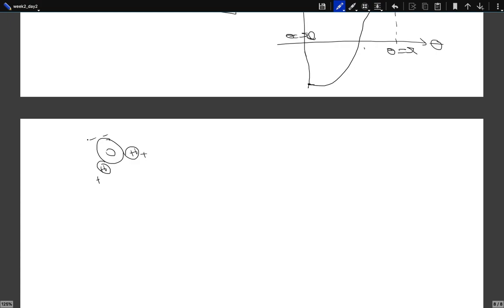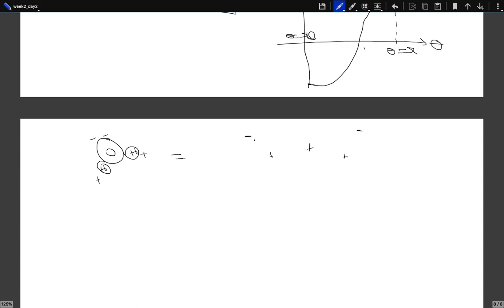Well, you see, this system doesn't really have just one positive and one negative. In a sense, it has two positive points and one negative point, but with double the charge. So you can just model this as a positive charge over here, a negative charge over there, plus a positive charge over here and a negative charge over here.